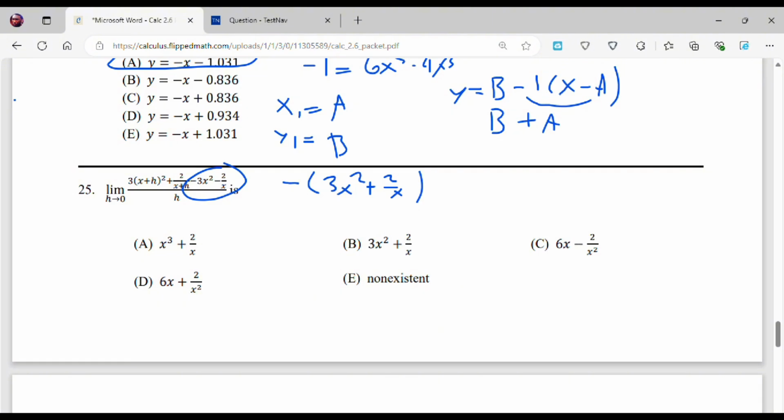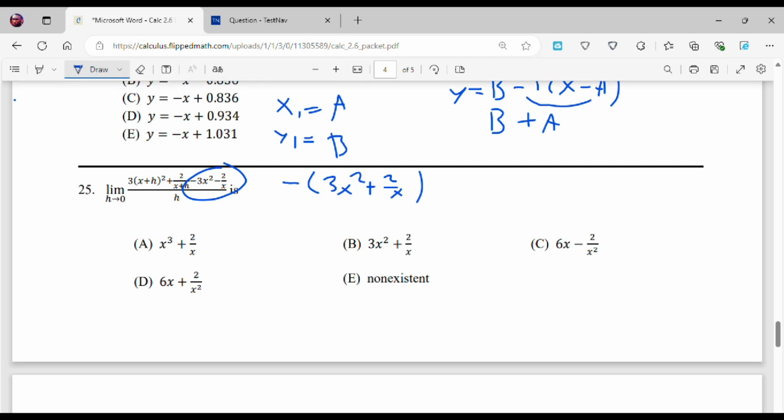Okay, well, we can work with this. We're simply going to find the derivative of this, at no point, right? We're just going to find the function. Power rule. 2 comes down. 2 times 3 is 6 times x.